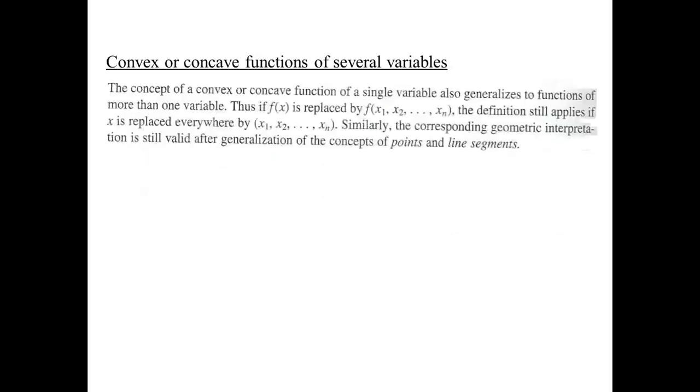Okay, the concept of convex or concave functions of a single variable also generalizes to a function of more than one variable. Thus, if a function f of x is replaced by a function of more than two variables, the definition still applies, with x replaced everywhere by the vector. So similarly, the corresponding geometric interpretation is still valid after generalization.